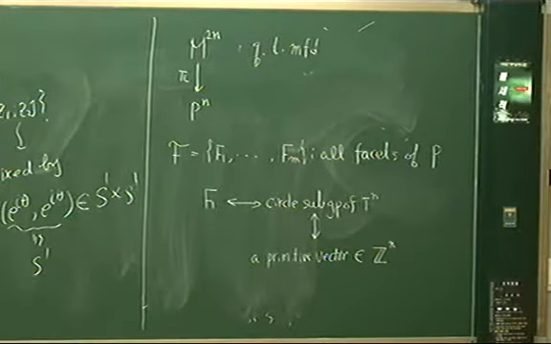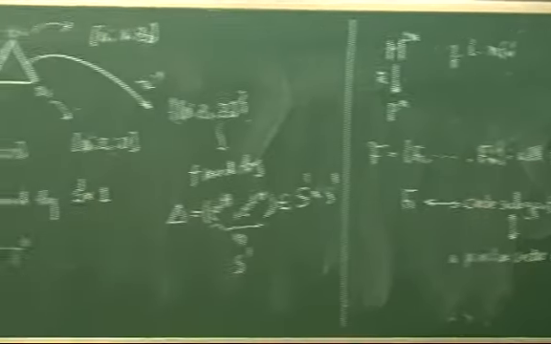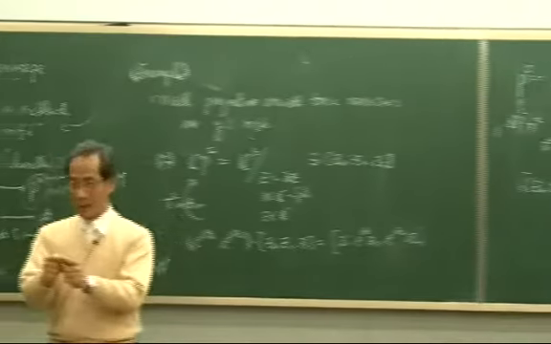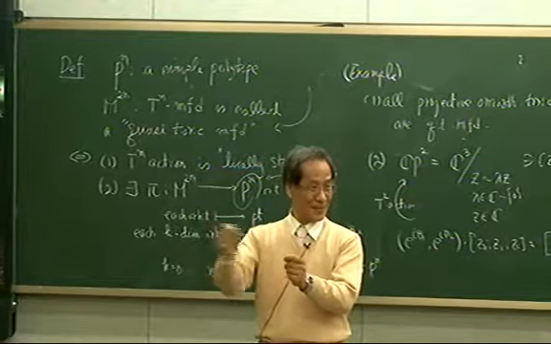What is primitive? If this one has length 2, from 0, 0 to 0, 2, then it has 2 lattice steps, right? It's not primitive.